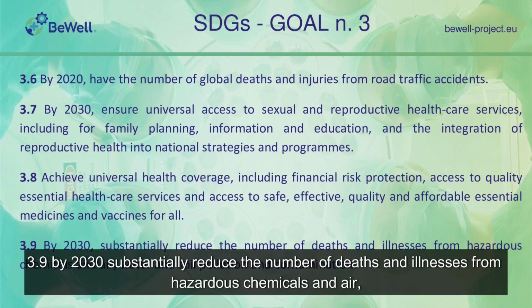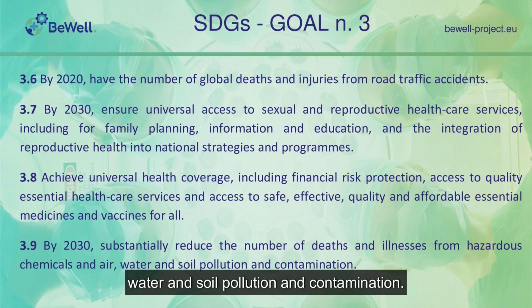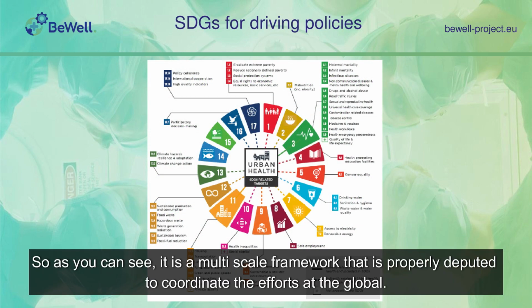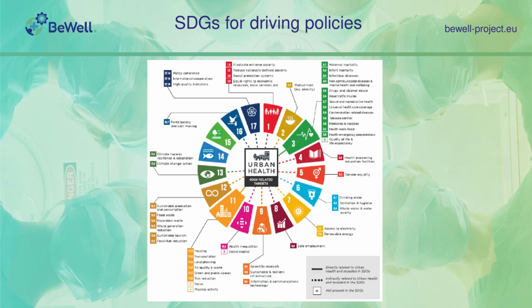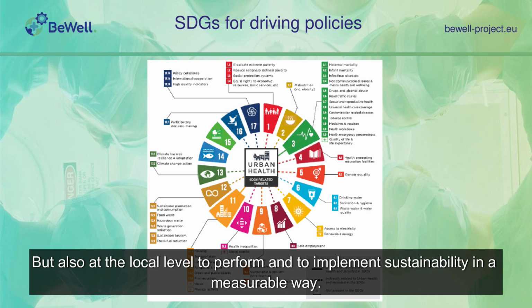3.9: by 2030, substantially reduce the number of deaths and illnesses from hazardous chemicals and air, water, and soil pollution and contamination. So, as you can see, it is a multi-scale framework that is designed to coordinate efforts at the global but also at the local level, to implement sustainability in a measurable way.